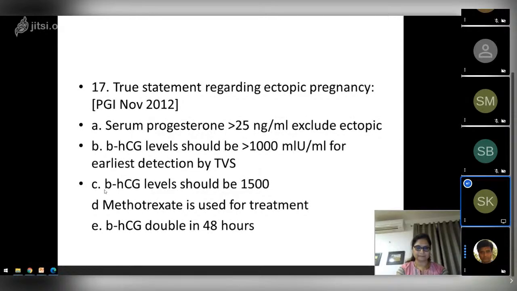If you click on somebody else's button, that person's profile will come up. You need to click on my profile, and probably you'll be able to see whatever I'm presenting.